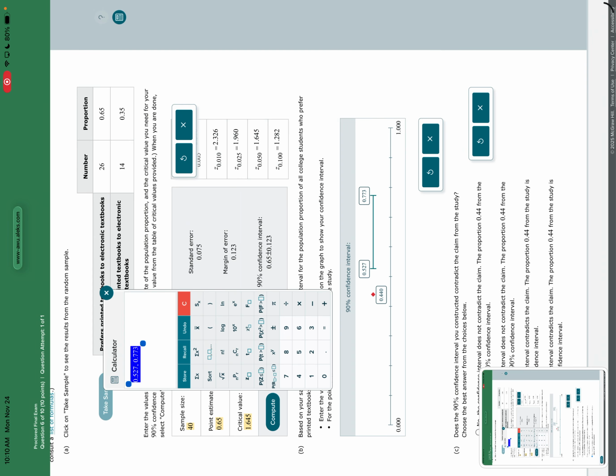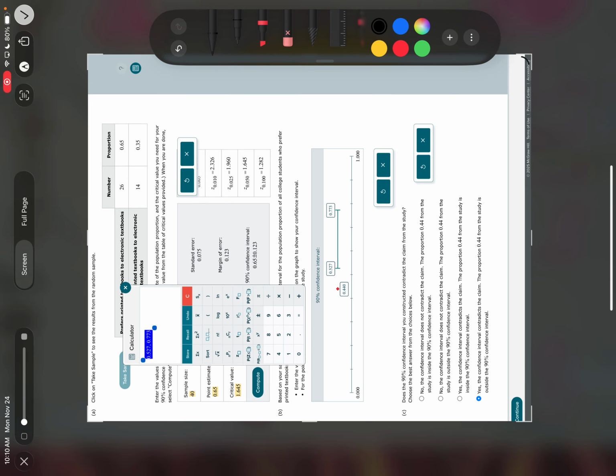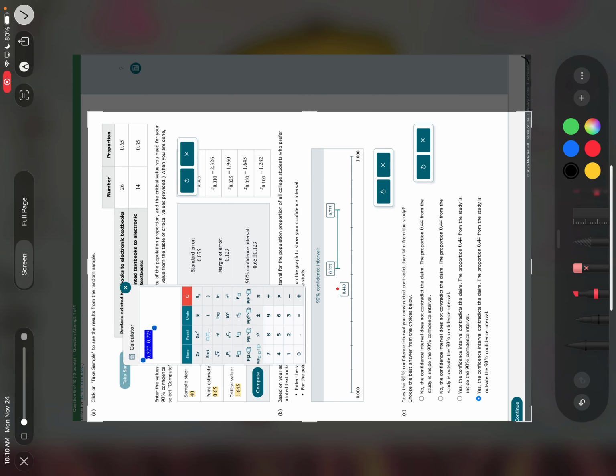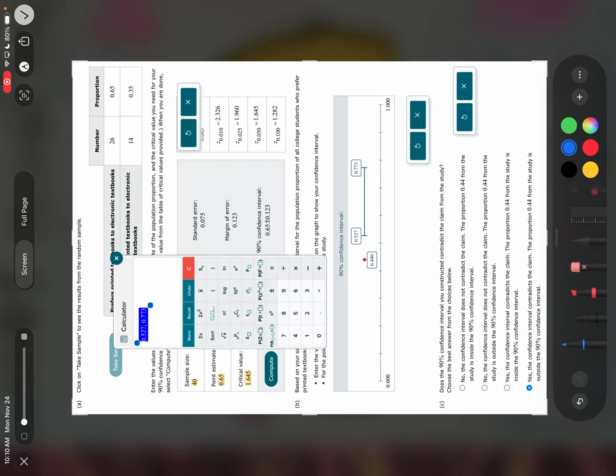So just real quick here. The critical value, again, 1 minus 0.90 divided by 2 would be 0.05. So that tells me to use this one.